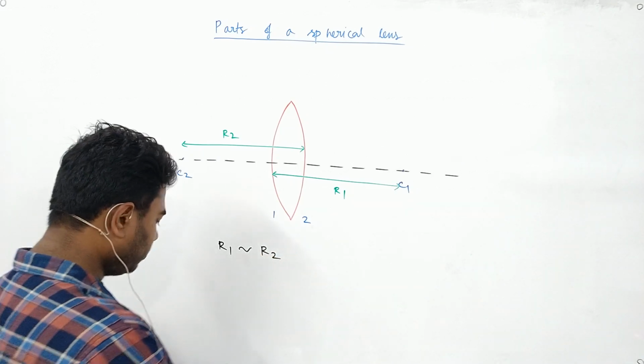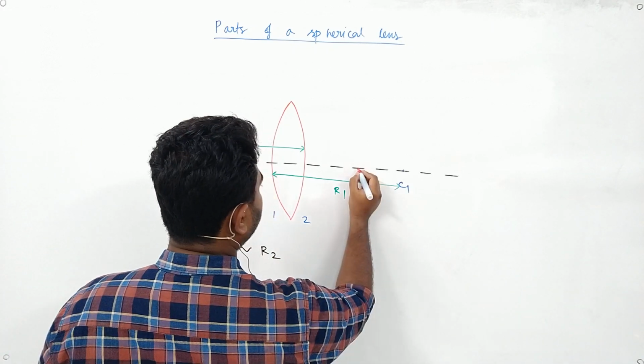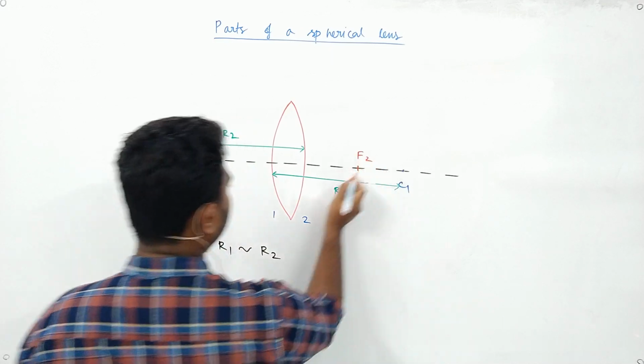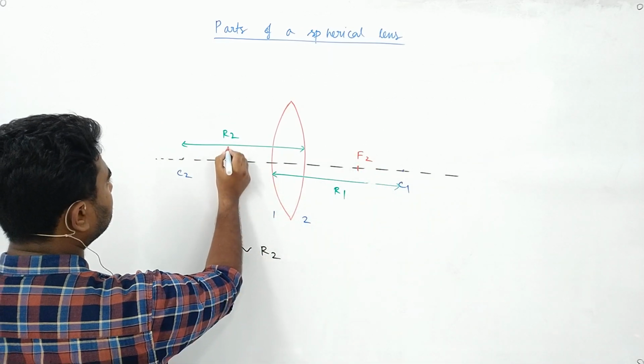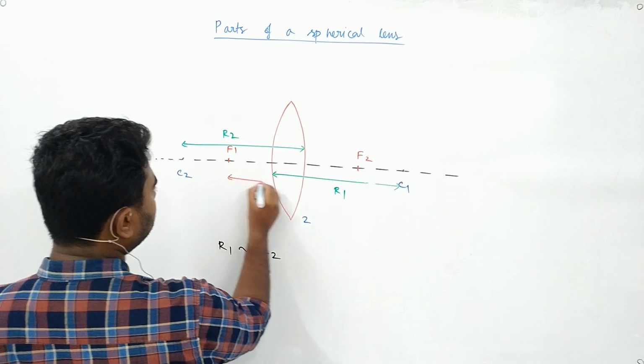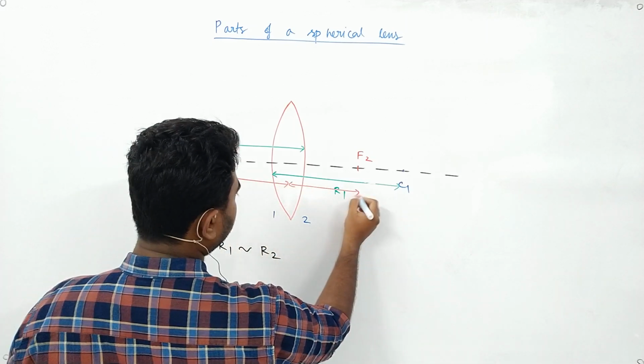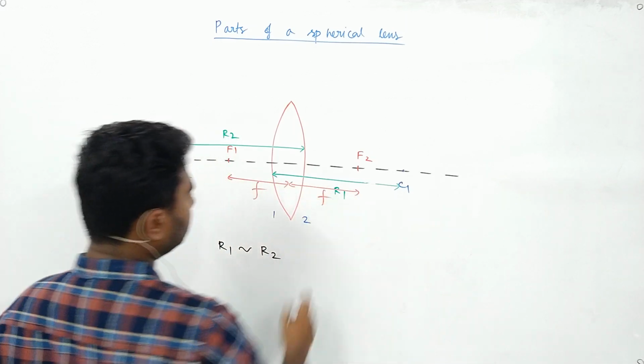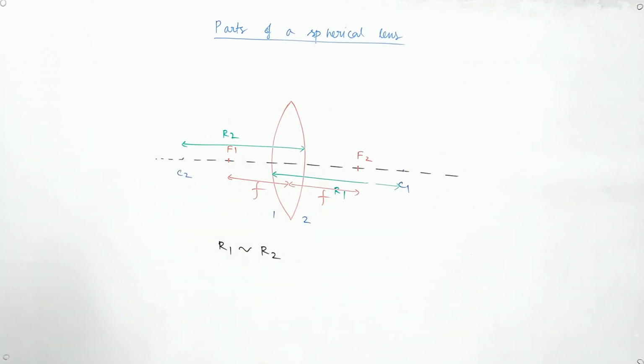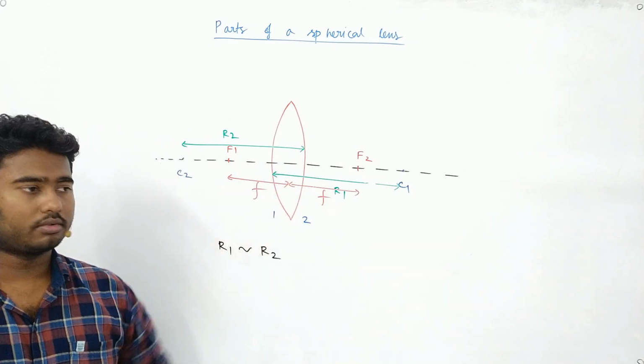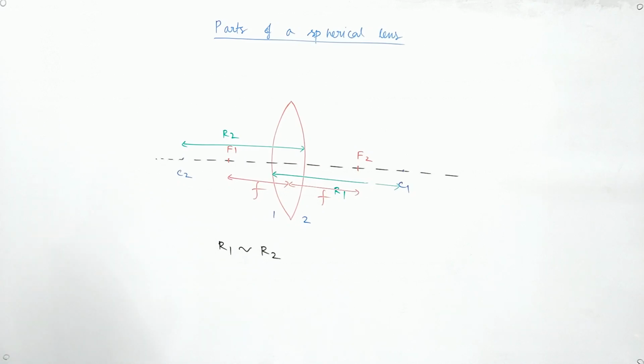But if I find out the focal lengths, suppose this be F2 and this be F1, F1 will be up to this, F2 will be up to this, the lens will have the same focal length on either side of it. Is it clear now?